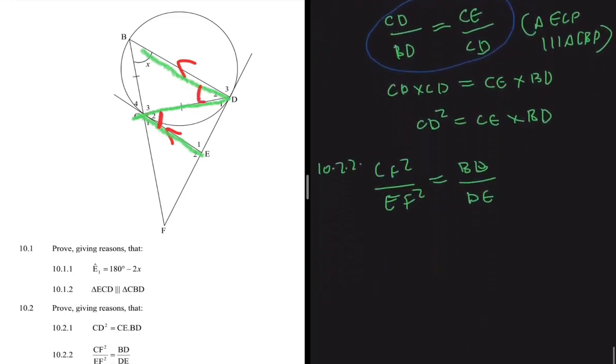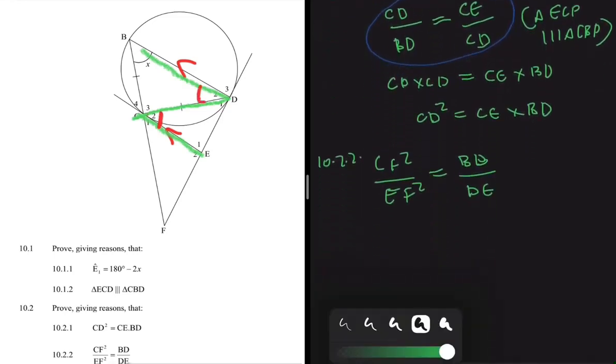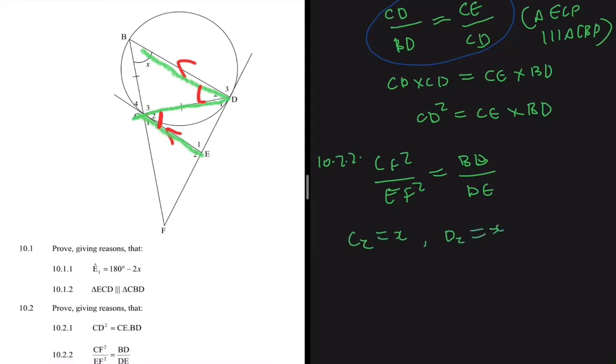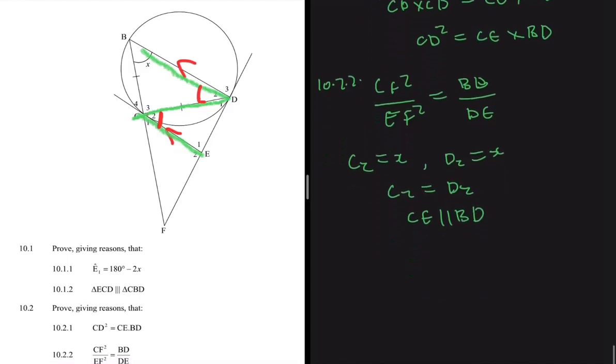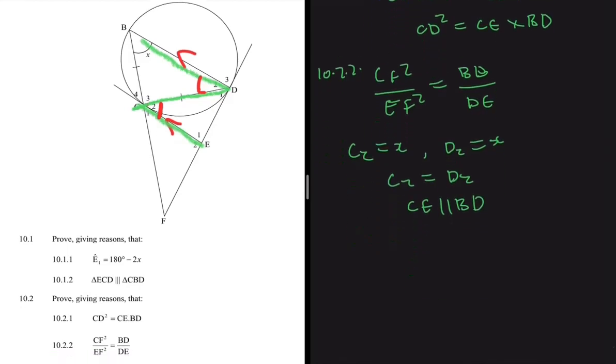And guess what? That's true, because C2 is equal to X, and D2 is also equal to X. So C2 is consequently equal to D2. By saying that, we've basically proved that CE is parallel to BD, because we have those alternate angles being equal to each other. And now, since we've proved that, we can see that BC divided by CF is equal to DE divided by EF, right?